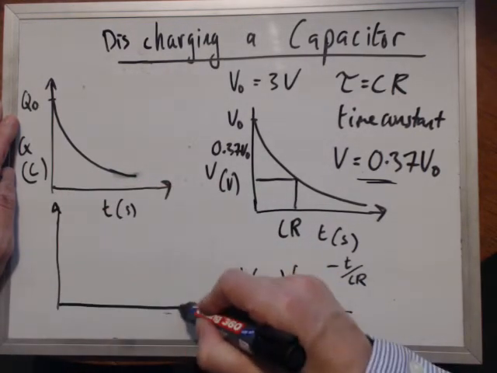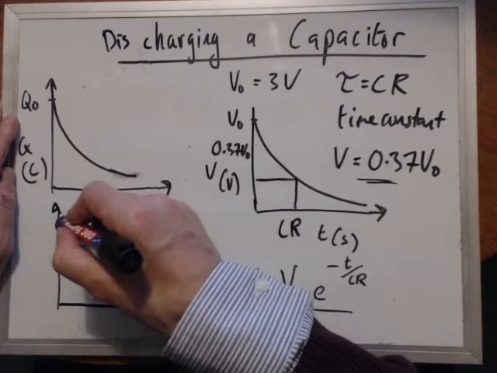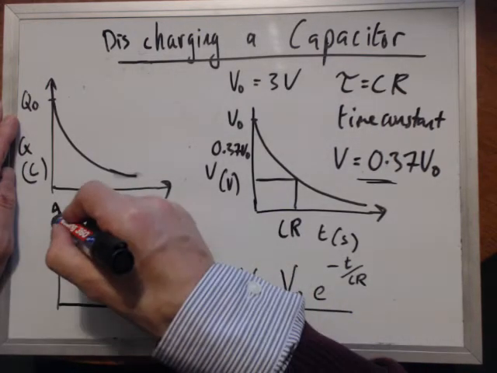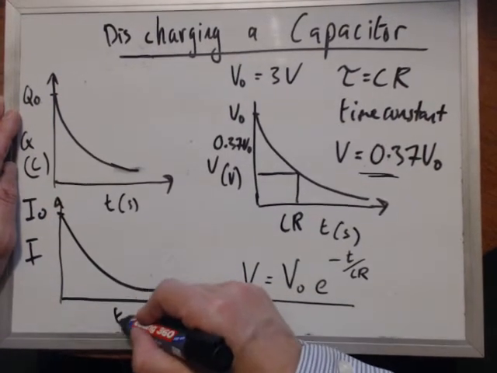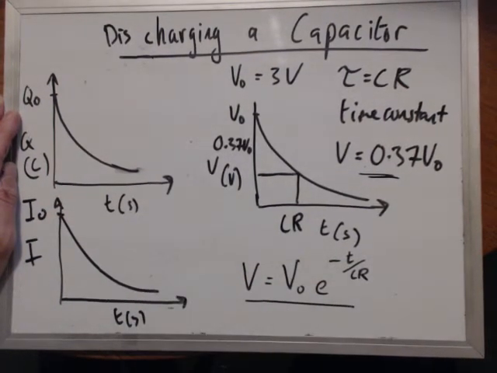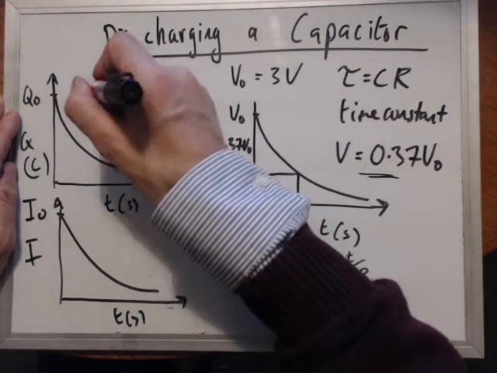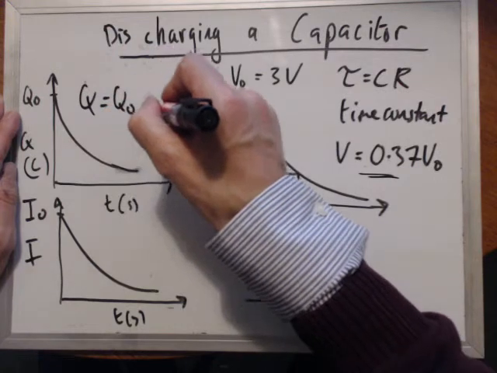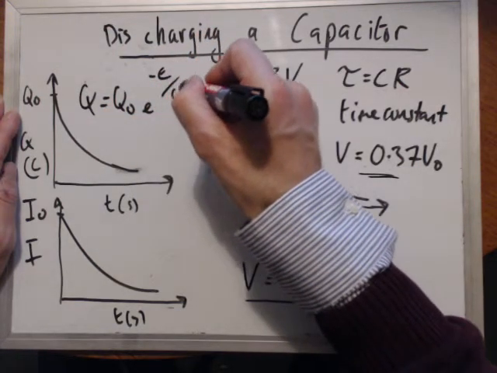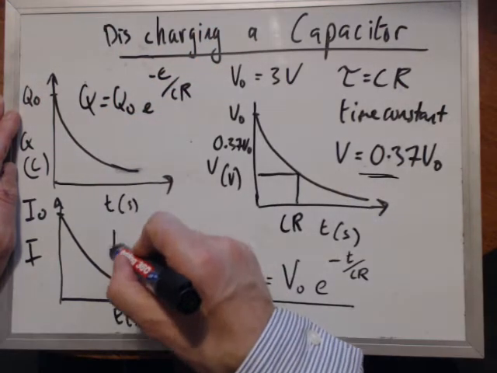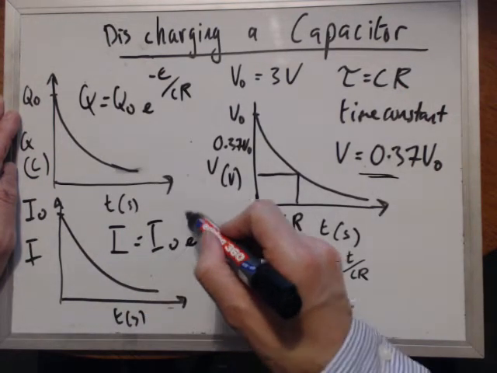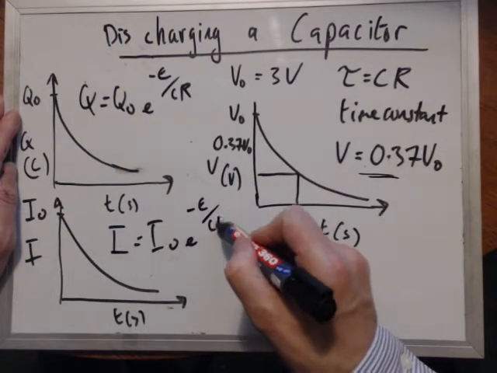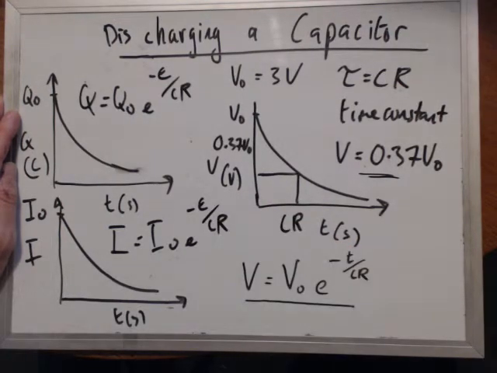And for current, it follows the same path, falls down like that, where that is I naught, this is the current, and this is the time in seconds. And they both follow the same pattern of formula. So this would be Q equals Q naught e to the minus t over CR, and this would be current equals the initial current times e to the minus t over CR. So these are our discharging curves.